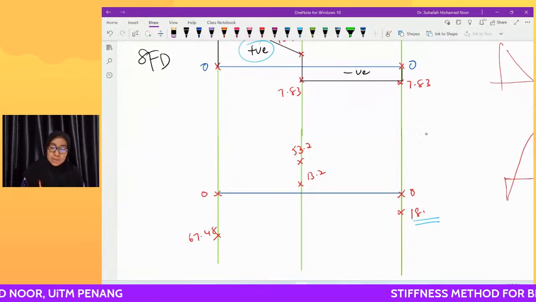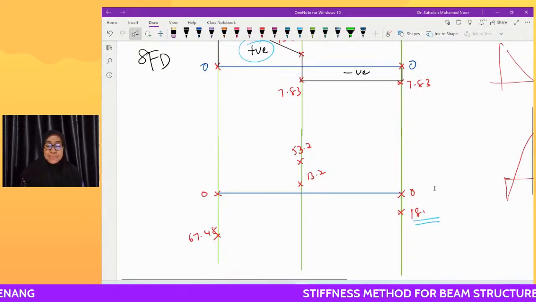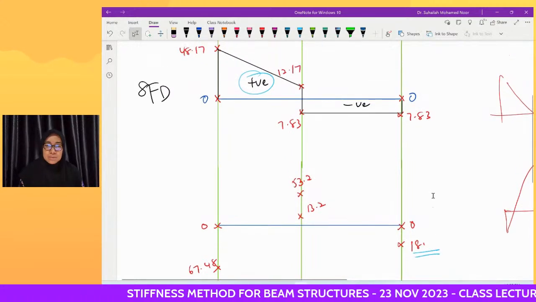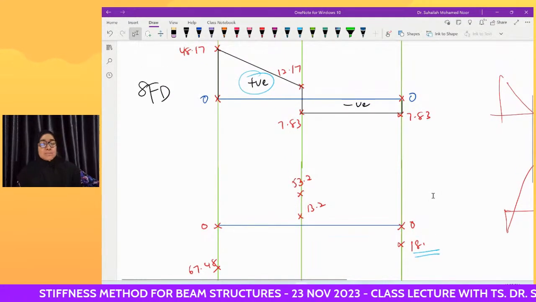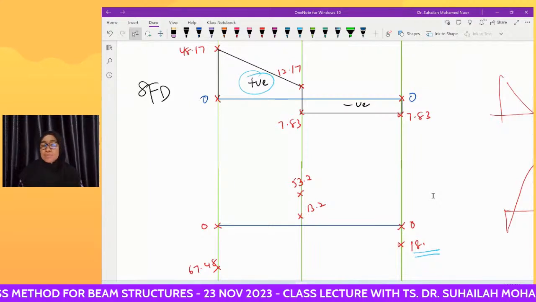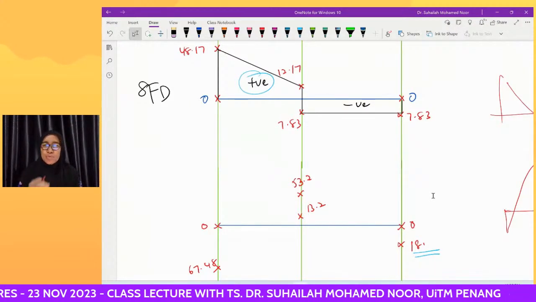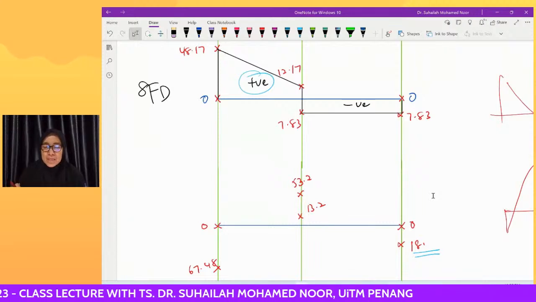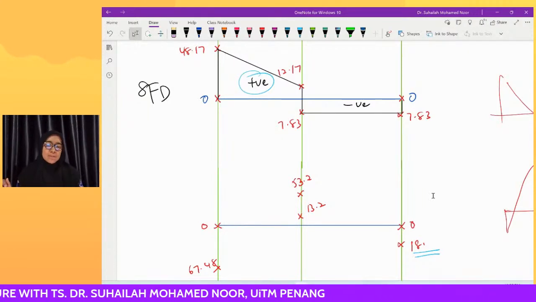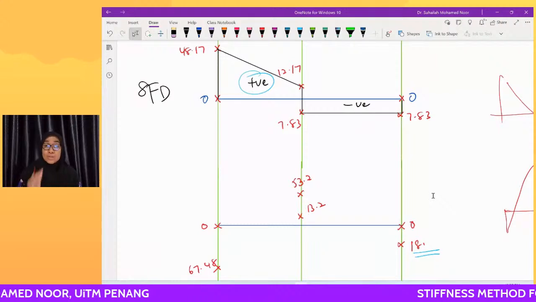Normally the more decimal places you consider, the more accurate you will get, but this is correct. Don't worry about the 0.0 something that you get. The concept is there.